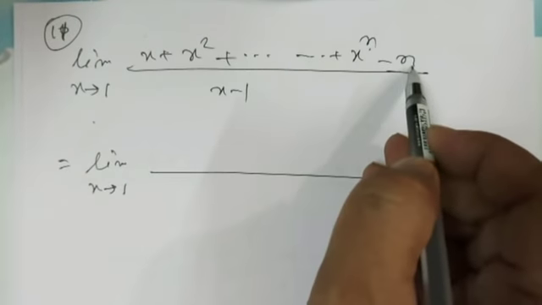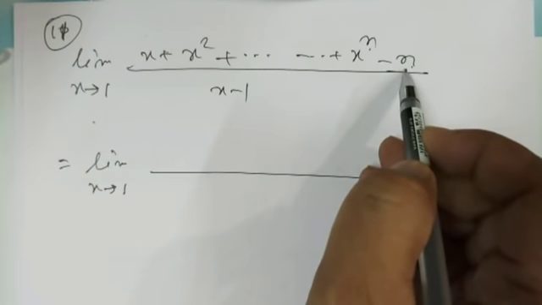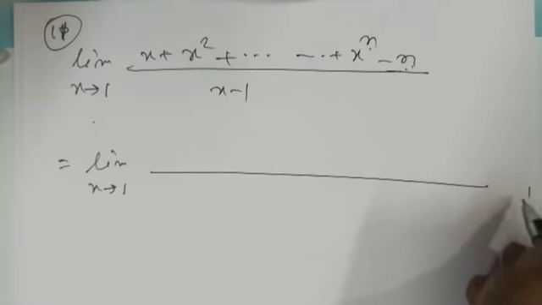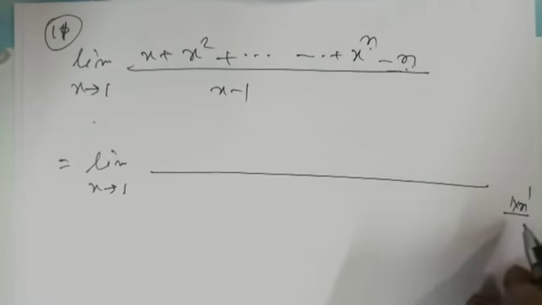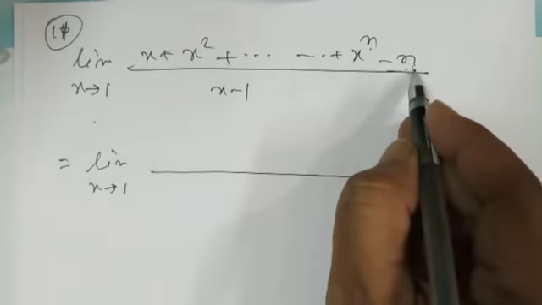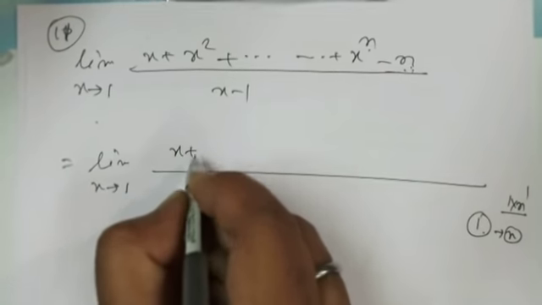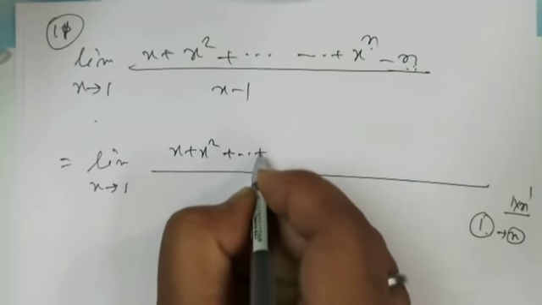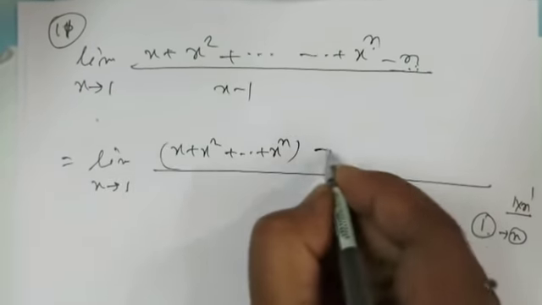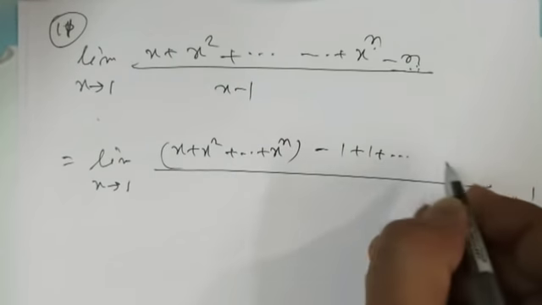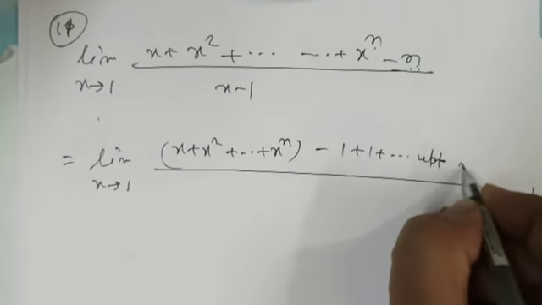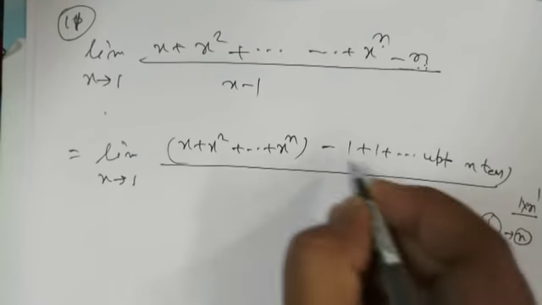Here is minus n, that is n means 1 multiplied by n. This one is n numbers. N means the sum of n ones, that is, x plus x square plus dot dot plus x power n, minus (1 plus 1 plus up to n terms).